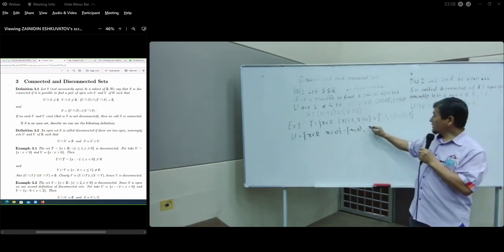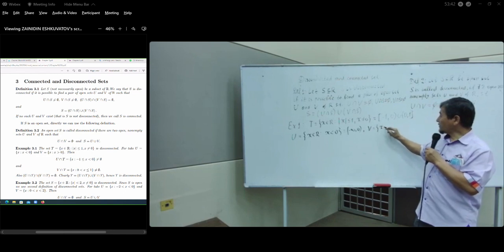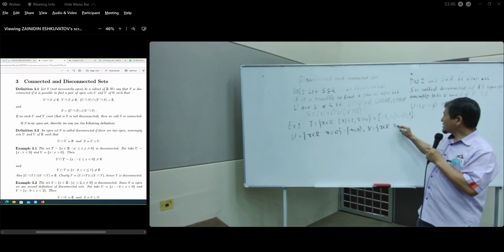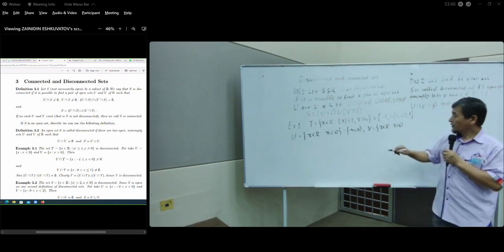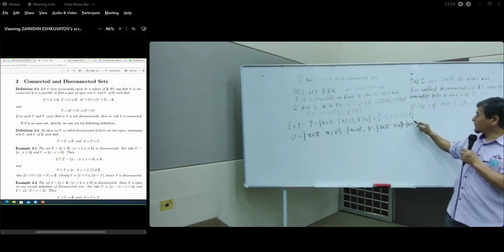Similarly, I can construct V as the set of x from R such that x is strictly greater than 0, from 0 to infinity.